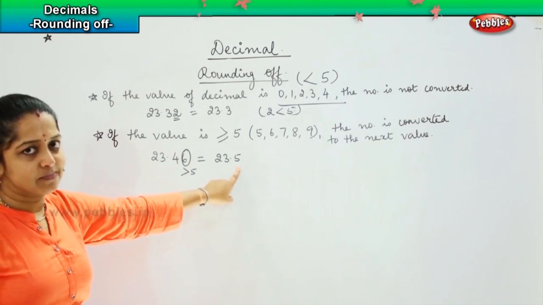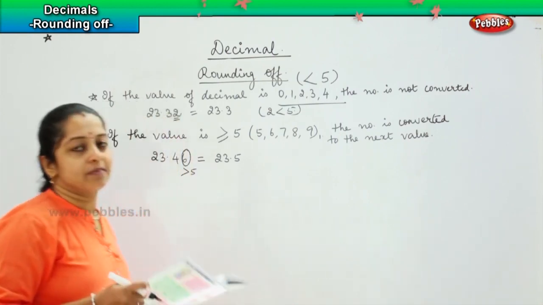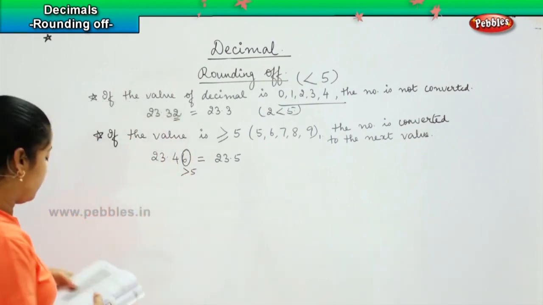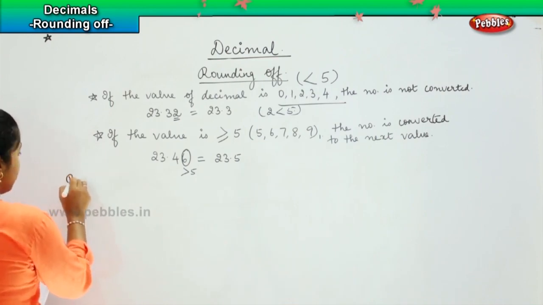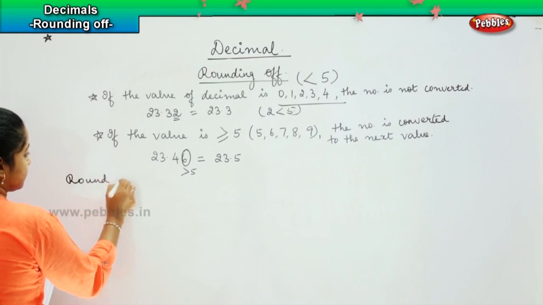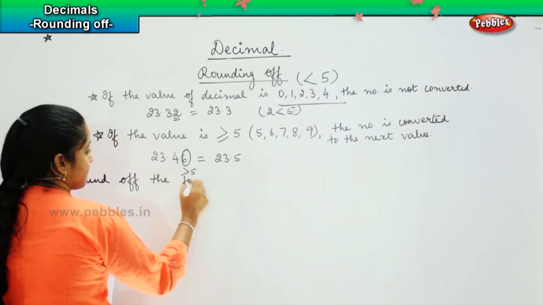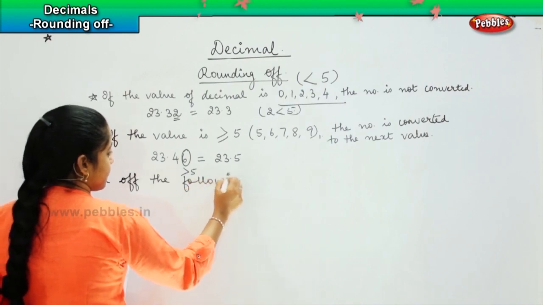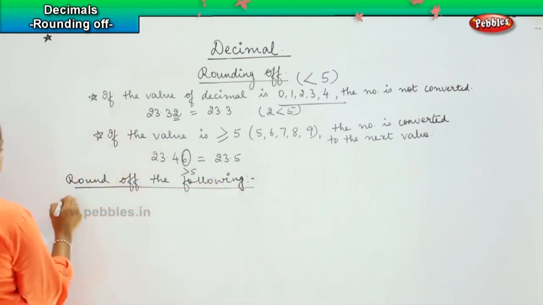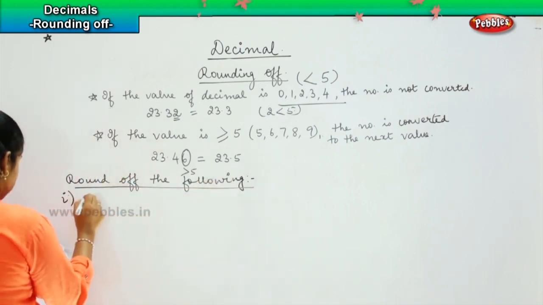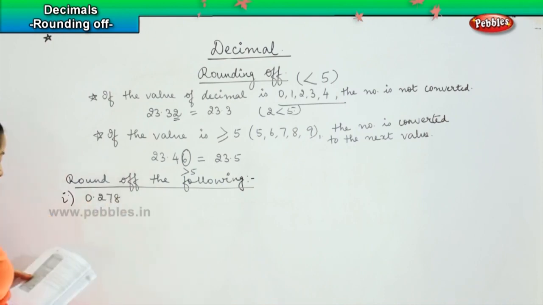Shall we see some examples, children? I am now going to give you a few examples to make this concept clear. Round off the following. My first question is 0.278.